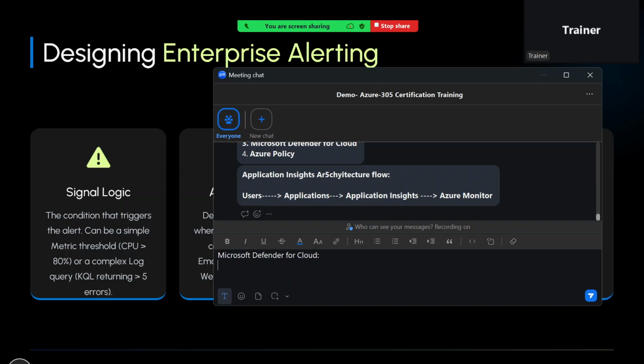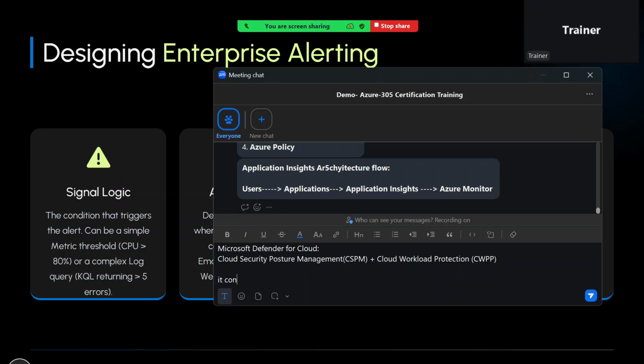So it is cloud security posture management, which is called CSPM, plus cloud workload protection, which is CWPP, and it continuously assesses the Azure resources. Okay.